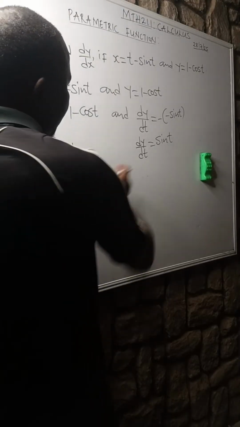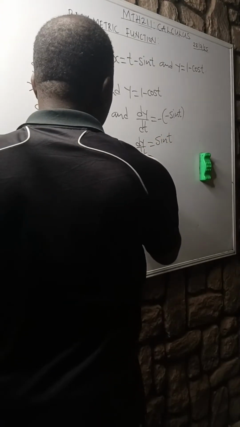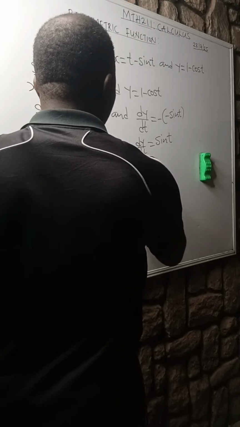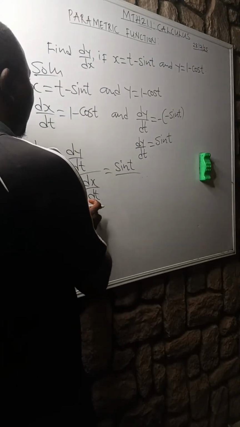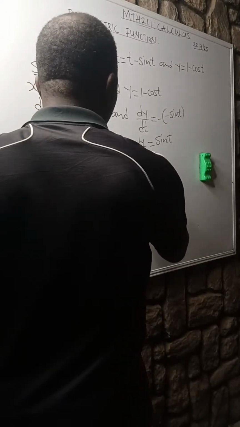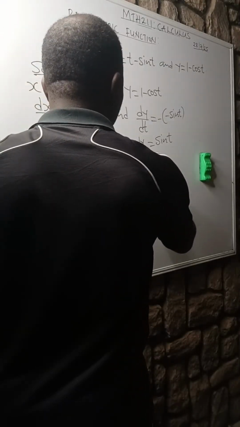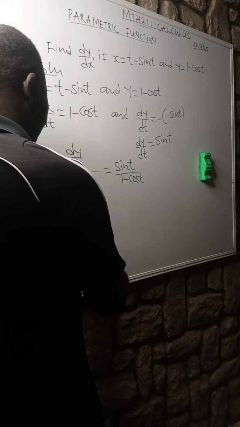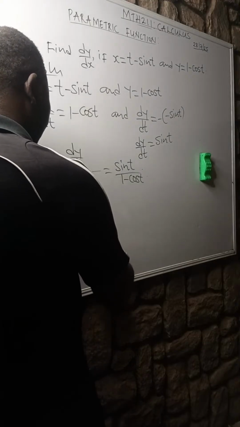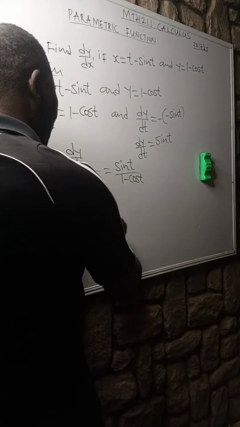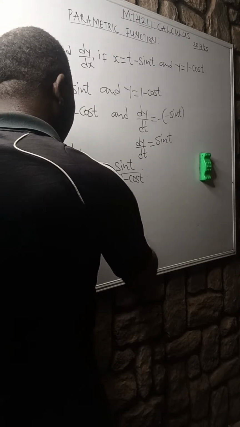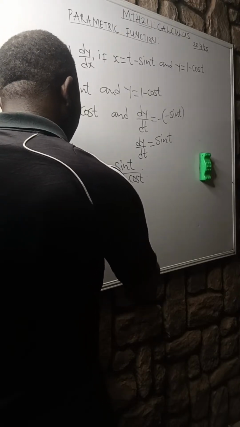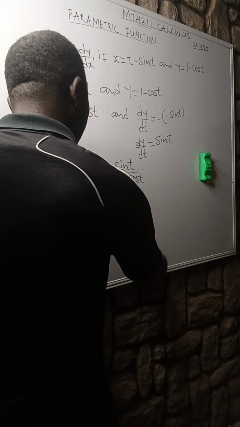Dy all over dt is plus sine t, all over, what is dx all over dt, it is 1 minus cos t. Then therefore our dy all over dx will now be equals to sine t all over 1 minus cos t.